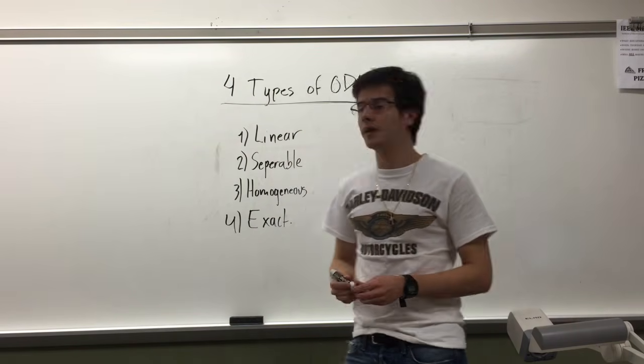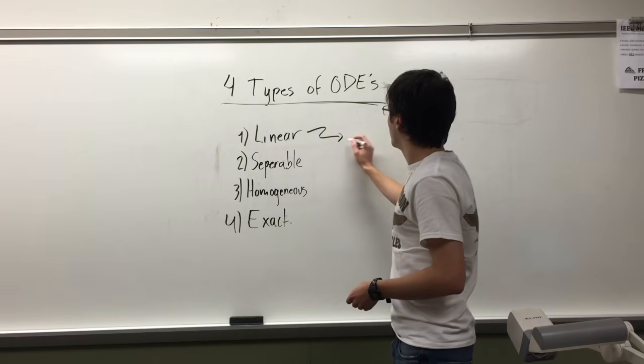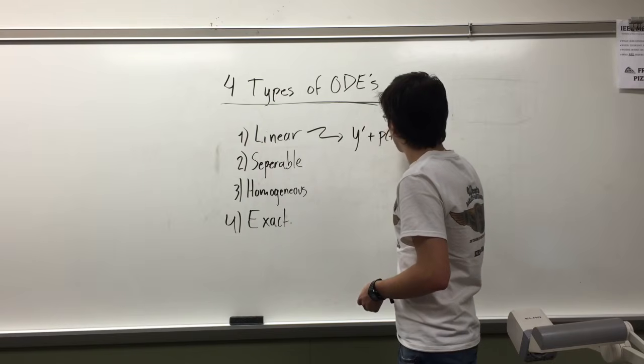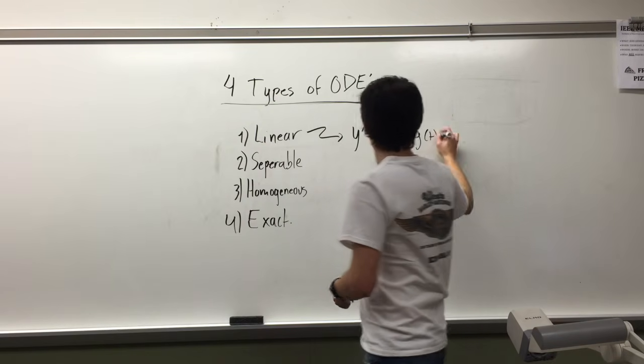A linear ODE is given in the form y prime plus p of t times y is equal to g of t.